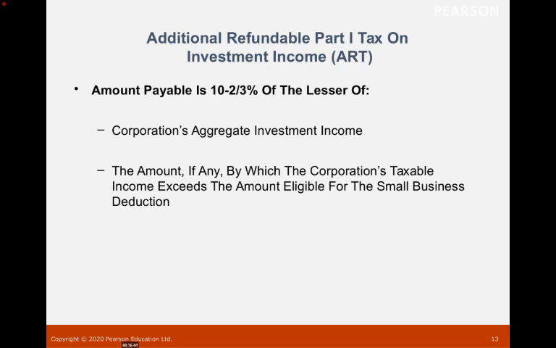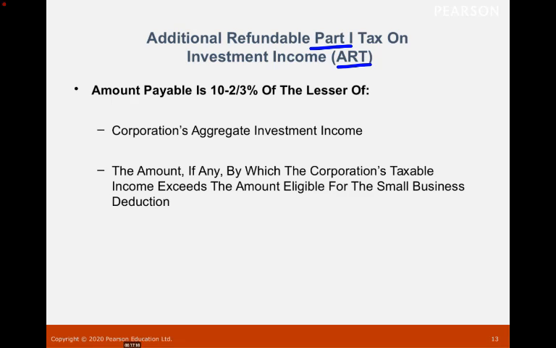So let's get down to actually talking about some of these taxes. We have one here, ART, Additional Refundable Part 1 Tax on Investment Income. Not to be confused with the basic Part 1 federal income tax that we learned in Chapter 12.